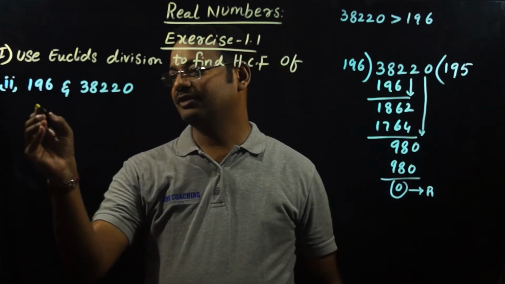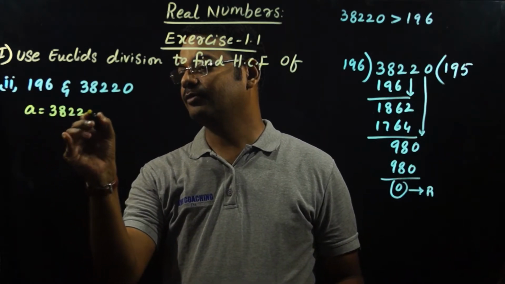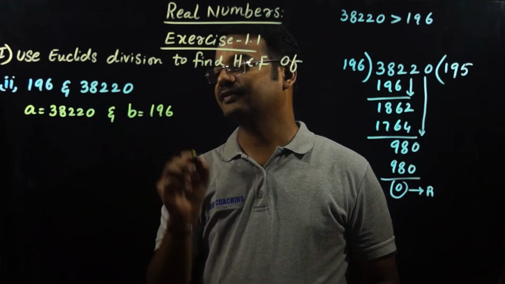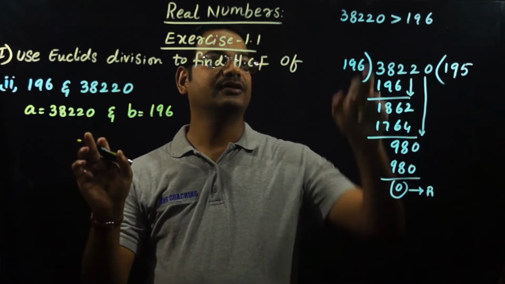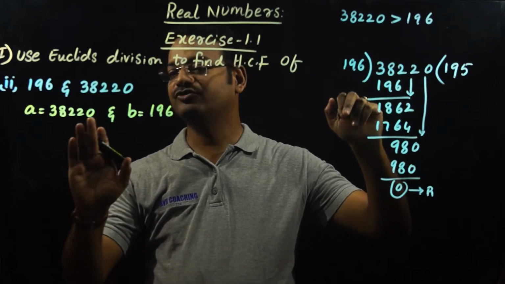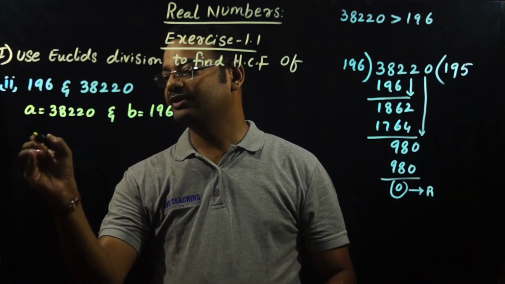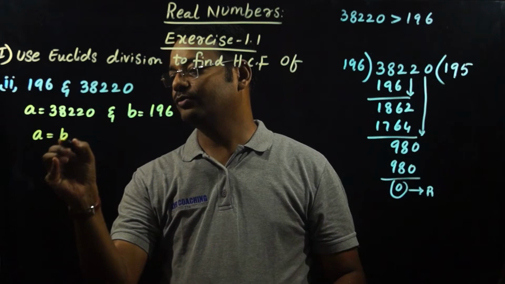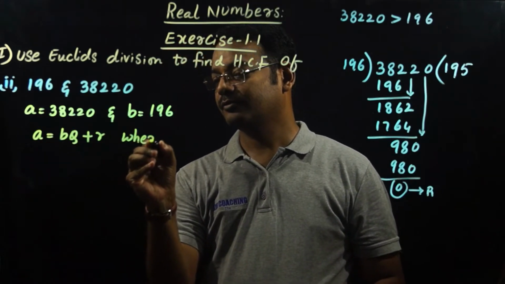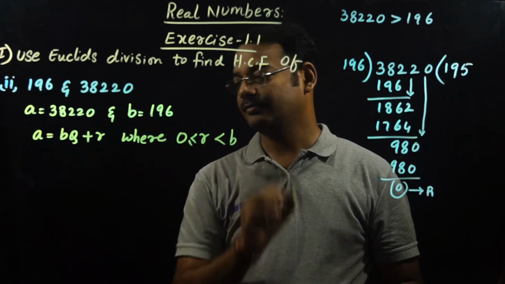Now in Euclid's division lemma, a is equal to 38220 and b equal to 196, because this is the greatest number of the two. As per Euclid's division lemma, a is equal to bq plus r, where 0 is less than or equal to r less than b.